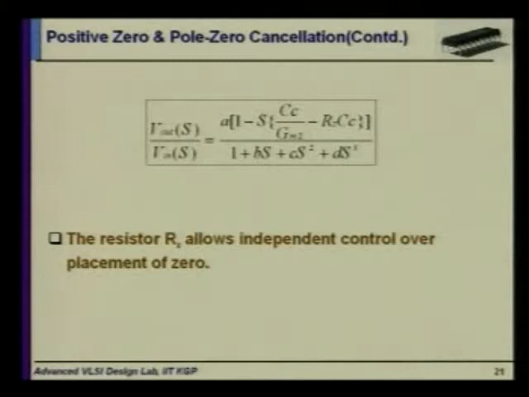And you can see that in the denominator also there is a new pole, because this is a third degree equation. So another option you can do, by choosing the value of Rz, you can place that zero strategically in such a position that this third pole and that zero coincide.